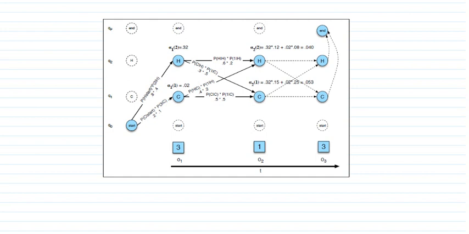So now what we can do is that for each of these nodes we can define a function that will tell us the probability up to that node. So this function will tell the probability up to this H. This will tell the probability up to this one. Similarly, up to this through all the possible paths. So for this state H, I have this possible path and I have this possible path.